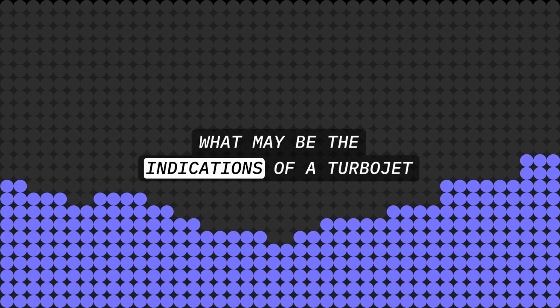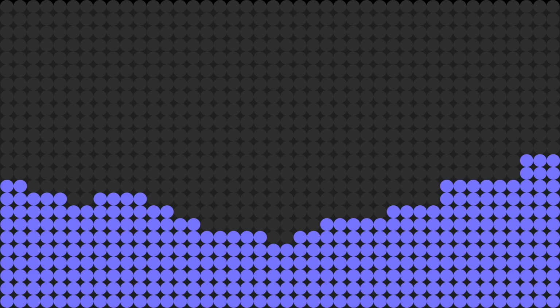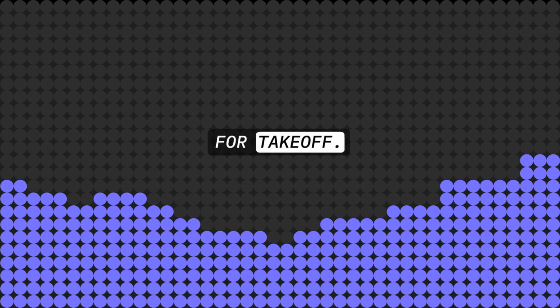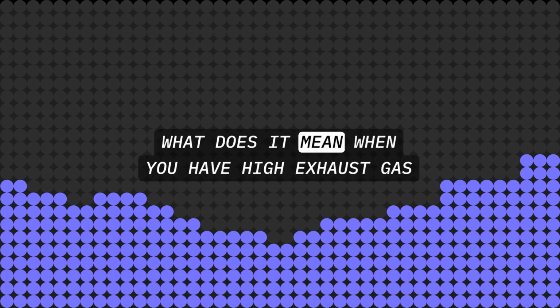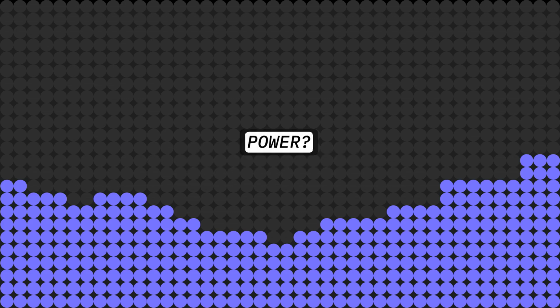What may be the indications of a turbojet engine that is out of trim? The engine has high exhaust gas temperatures for takeoff. What does it mean when you have high exhaust gas temperature, high fuel flow, and low thrust or power?